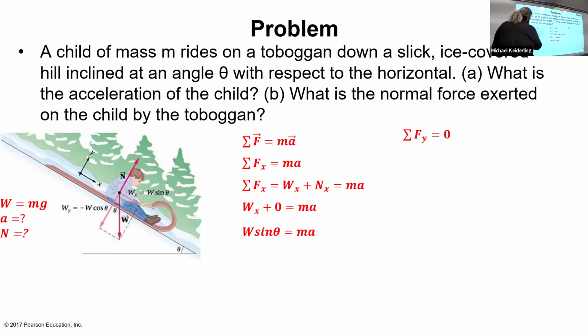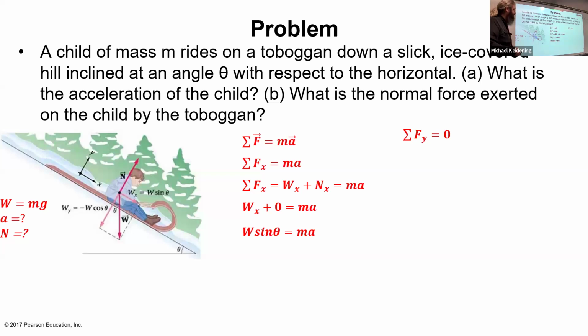This is a right angle. This is a right angle. So this is 90 minus theta, and this is theta. So knowing that, given that this angle here is the same as the angle of the slope, the component down the slope ends up being weight times sine theta, and the component into the slope is negative weight cosine theta. So Wy is negative weight cosine theta, Wx is weight sine theta.